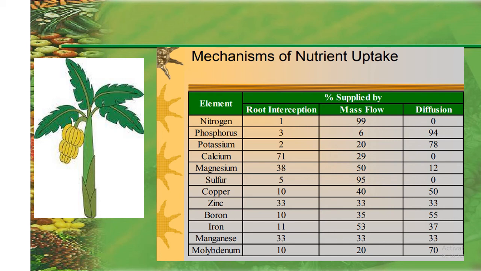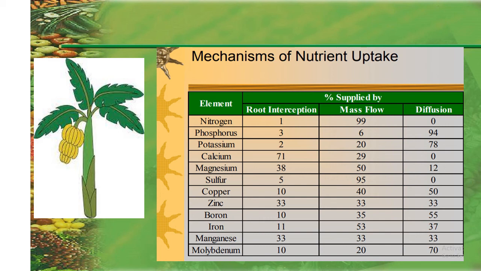Magnesium, root interception is 38, mass flow is 50, diffusion is 12. Sulfur, root interception is 5, mass flow 95, diffusion 0. Copper, root interception is 10, mass flow is 40, diffusion is 50.